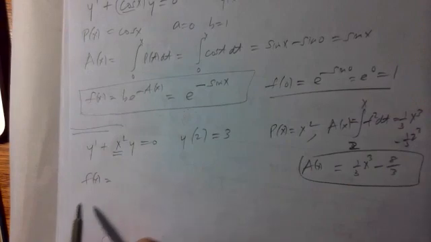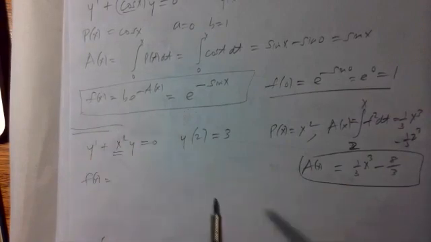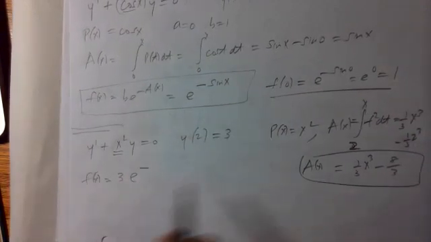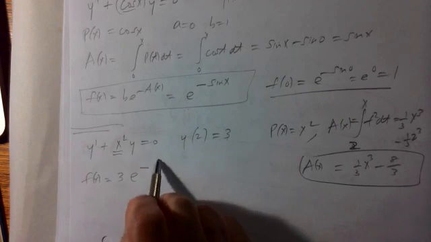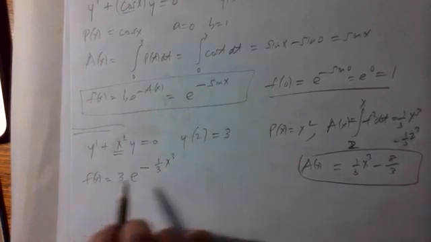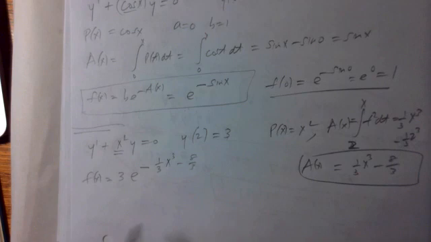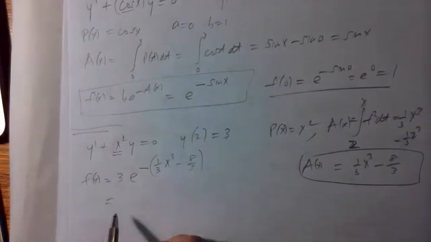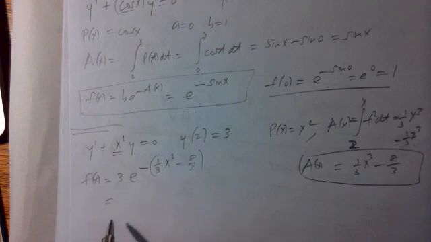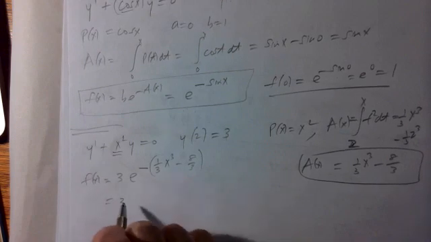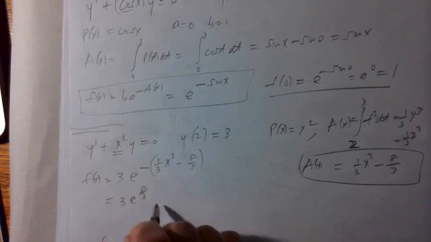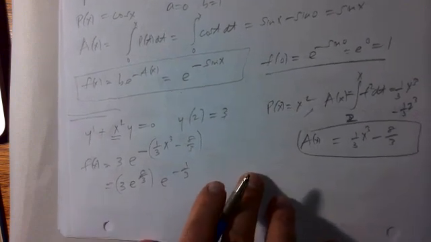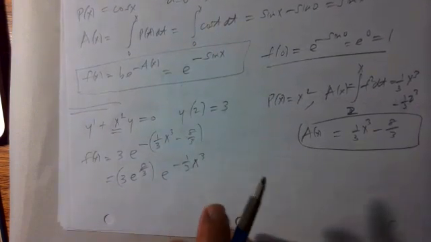So f of x is equal to b, which is 3, e to the minus a of x, 1/3 x cubed minus 8/3. Or if you like, you can write this as 3 e to the 8/3, that's a constant, times e to the minus 1/3 x cubed.